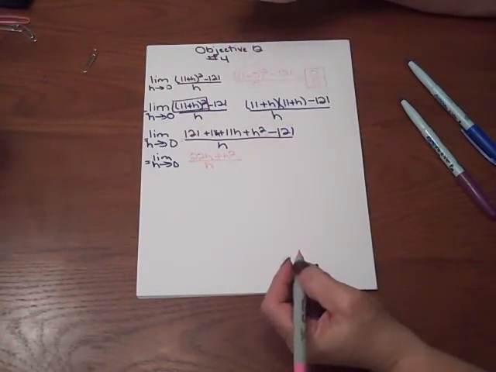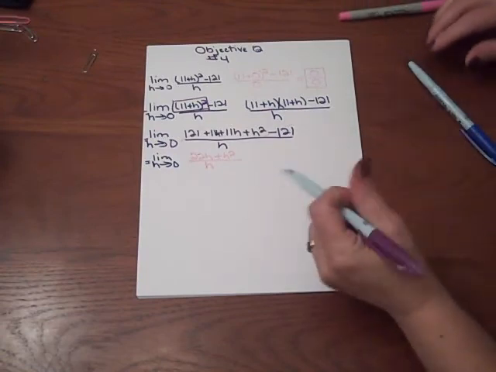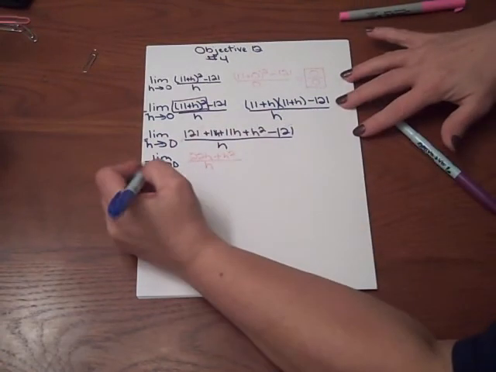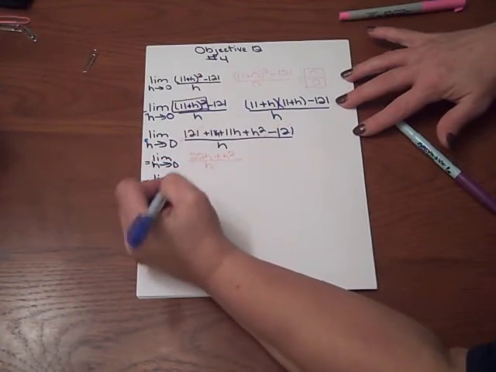Okay, now once again we need to break this down a little bit more, so we're going to simplify, and we just did that, and now we're going to factor the top. So the next step will be to factor the top, again the limit as h approaches 0.